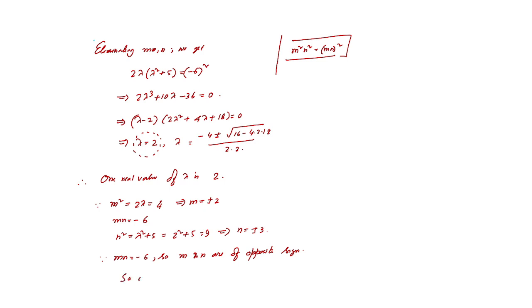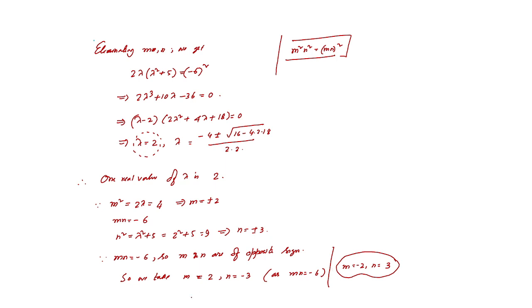So if we take m equals to 2, then we need to take n equals to minus 3. Why? As they are of opposite sign and the product is minus 6. Here you just check 2 multiplied by minus 3, that will be minus 6. Or you can take m equals to minus 2. In that case, your n will be 3. That pair you can choose.